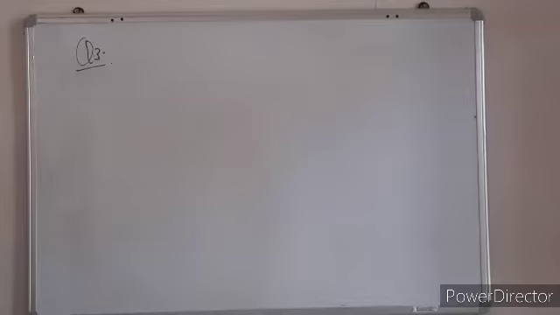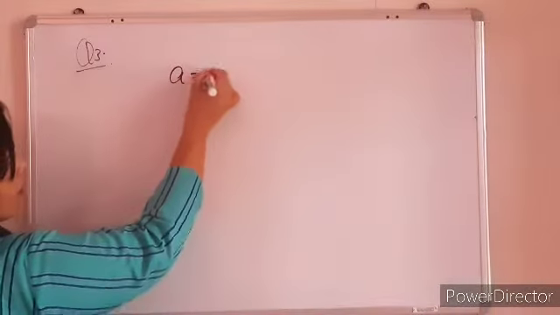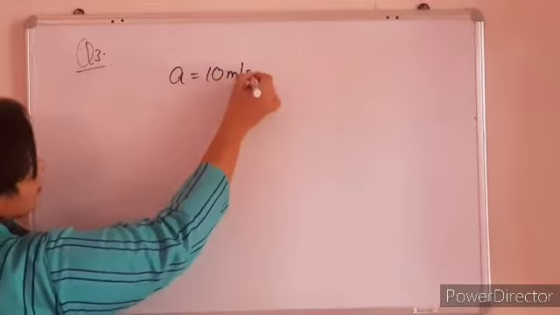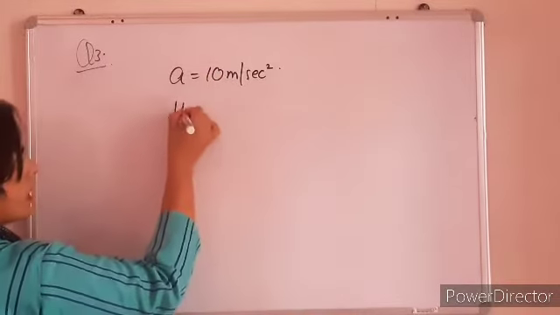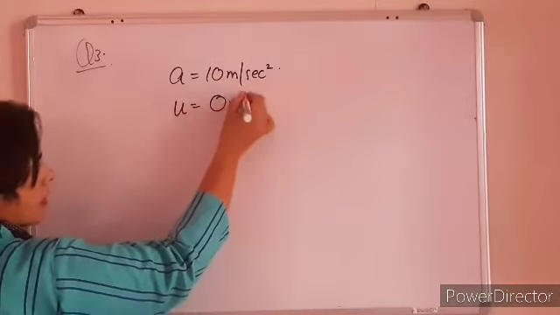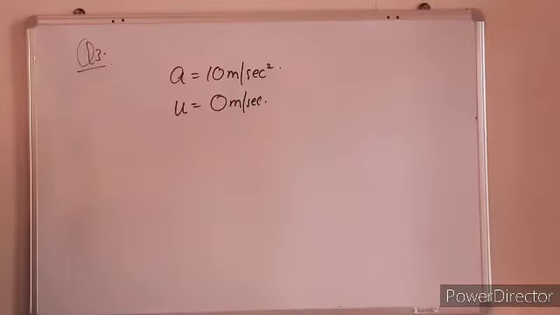So we are provided with the acceleration, that is 10 meter per second square. Then the initial velocity is 0 meter per second. Actually, they have not written that the initial velocity is 0, but they mentioned in the question that the body starts from rest.